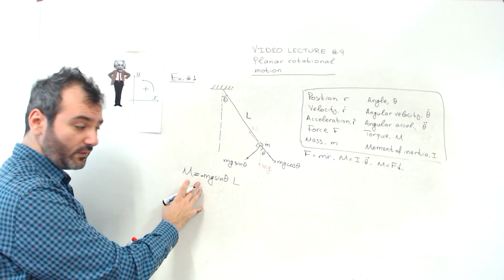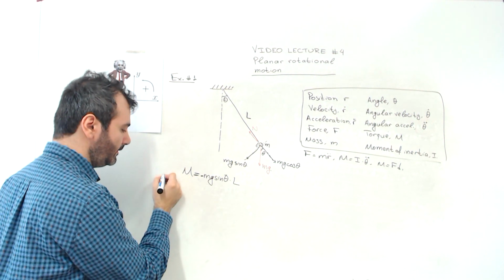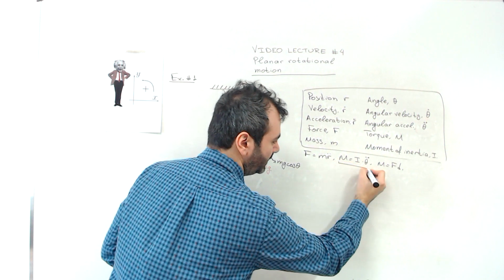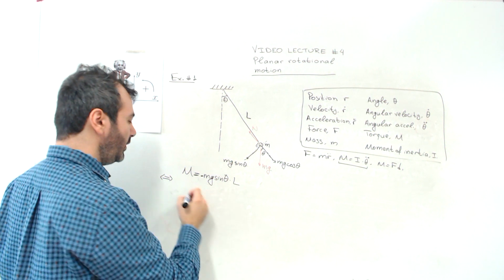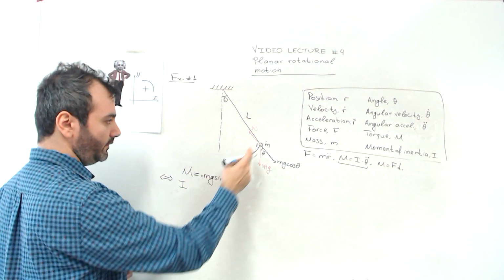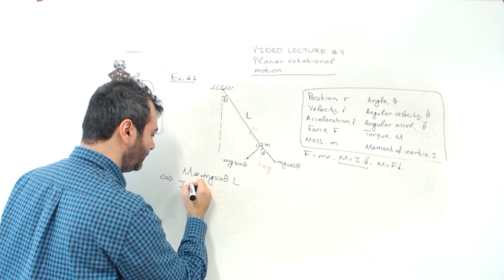So it is a rotation with a minus sign according to this convention. Then the torque by the rotational counterpart of Newton's second law of motion is equal to the moment of inertia of this object with respect to this point of rotation times theta double dot.